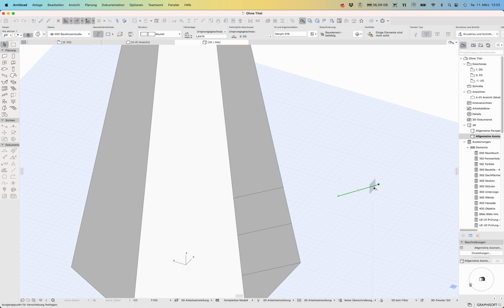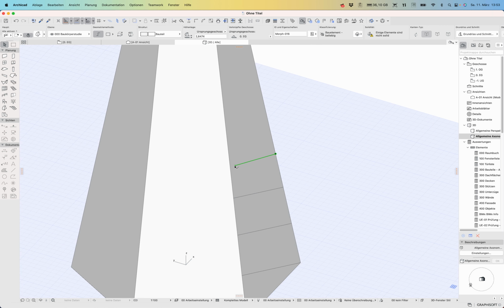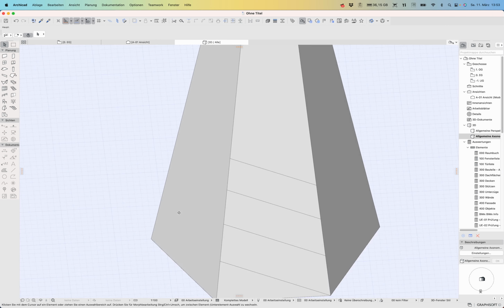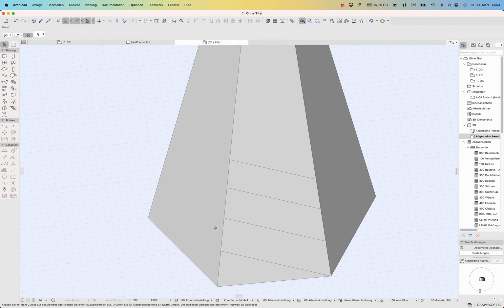The next one exactly on the y-axis and on this x, and also. So now I have these lines here.